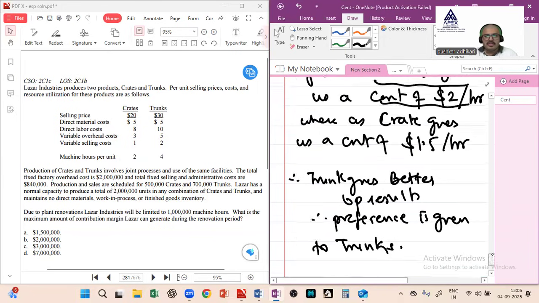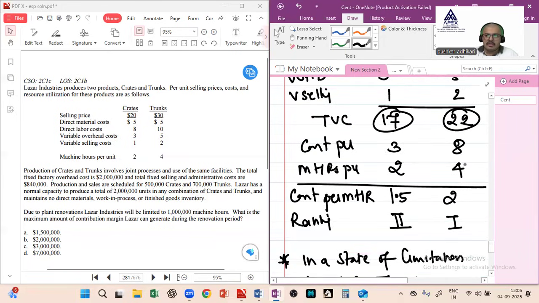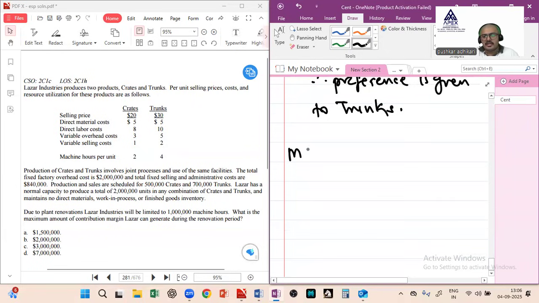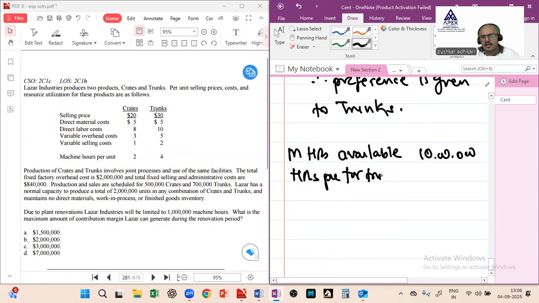Now, let us please try to understand. How many hours per unit? Sir, 4 hours per unit. Machine hours available are 10 lakhs, that is 1 million. Hours per unit for trunk is 4.